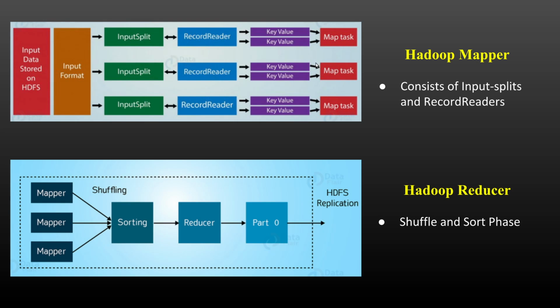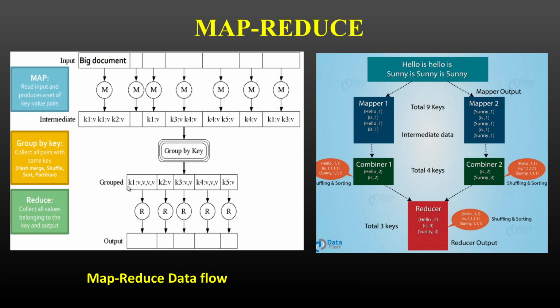The second phase is the grouping phase. In this phase, intermediate output goes in as input and values for the same key are grouped together. We have used a combiner to implement this. A combiner works like a mini reducer and reduces the amount of data that needs to be processed by the reducer.